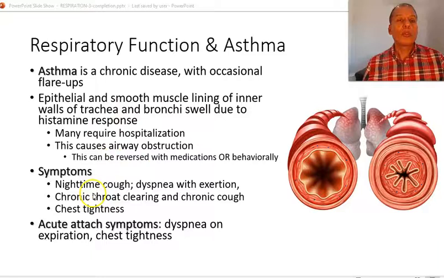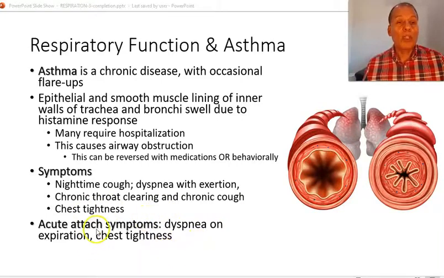Asthma is associated with a nighttime cough, with dyspnea, especially when the person is physically exhausted, for example, or exerts muscular effort. There's a chronic throat clearing because a lot of mucus is released, and post-nasal drip and so on, chronic cough, and chest tightness.